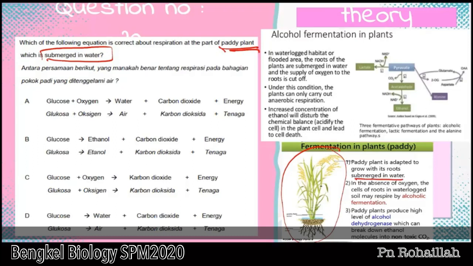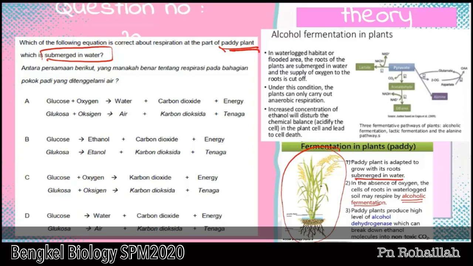Look at down there. Okay, and then in the absence of oxygen, the cell of root is waterlogged and alcoholic fermentation will happen. So anaerobic respiration. Boleh? So which one? Alcoholic fermentation yang ada ethanol.